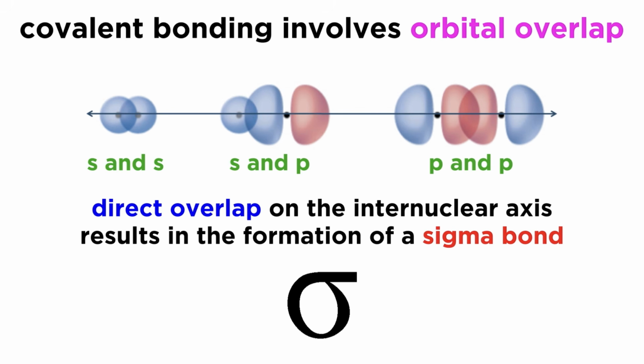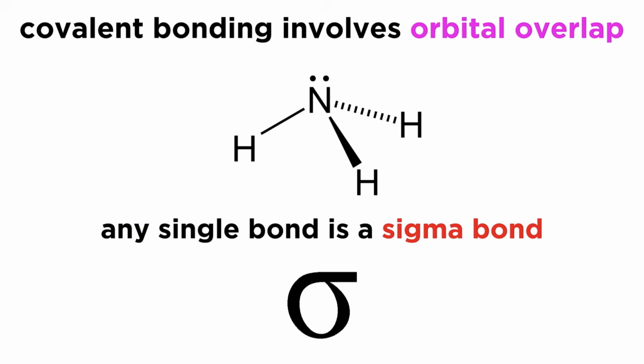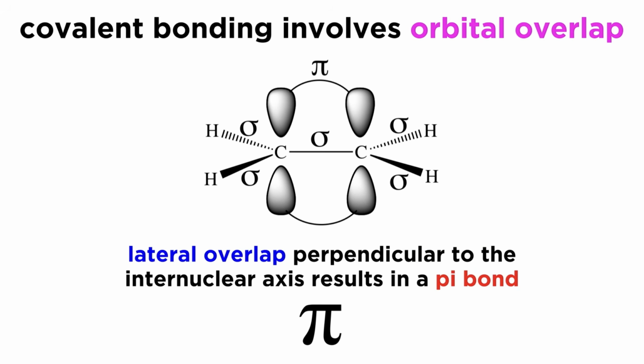In a sigma bond, all the electron density is distributed immediately around this internuclear axis, or the line that could be drawn between the 2 nuclei. In a Lewis diagram, any single covalent bond is a sigma bond. We can also have a lateral or side-by-side overlap of p orbitals. This will be called a pi bond, and it is different from a sigma bond in that the overlapping occurs on either side of the internuclear axis.